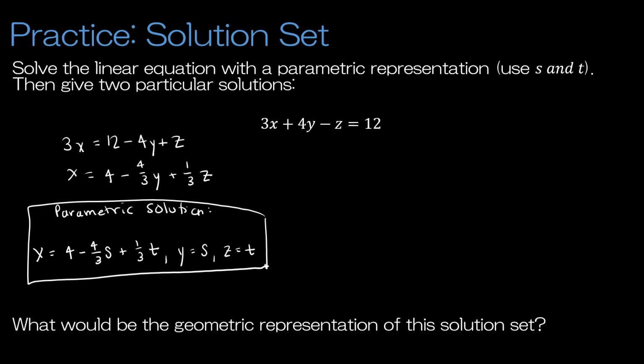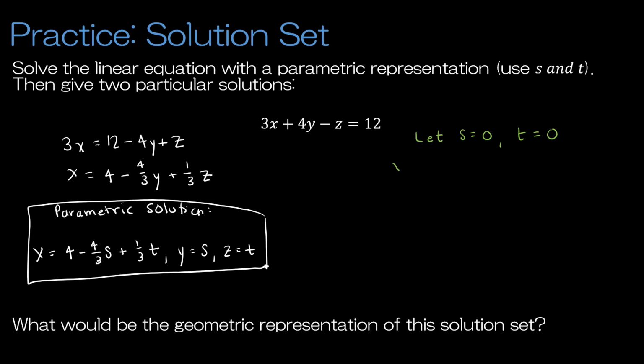It also asks us to then give two particular solutions. So that's the very easy part. If we need a particular solution, essentially I'm just going to assign a value for s and assign a value for t, which is our two free variables, s and t. And then I'm going to find x based on that.